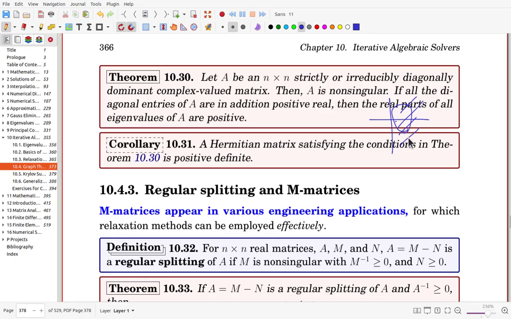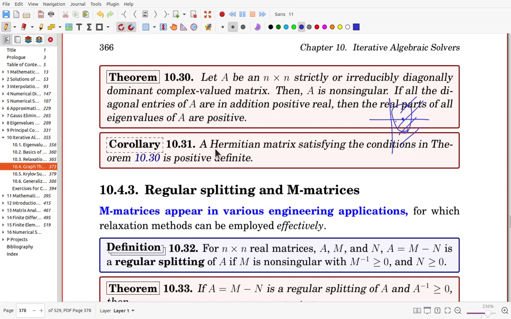So that if you are trying to use some point, then easily you can design a relaxation method. But once it is on the other side, then your relaxation method may not be convergent. So that's the reason such a property is very important.